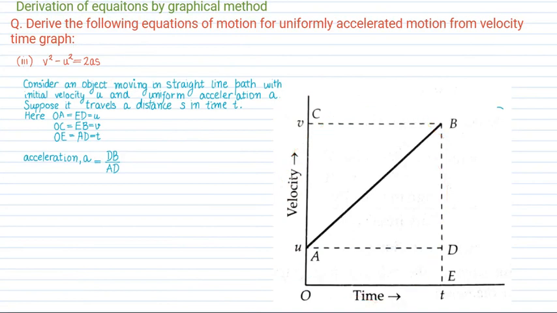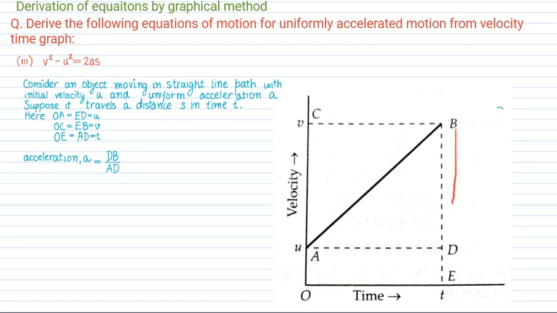Fine. Now in this graph, OA represents your initial velocity, OC represents the final velocity, OE represents the time interval. Since AD is also equal to this length, AD also represents the time interval.